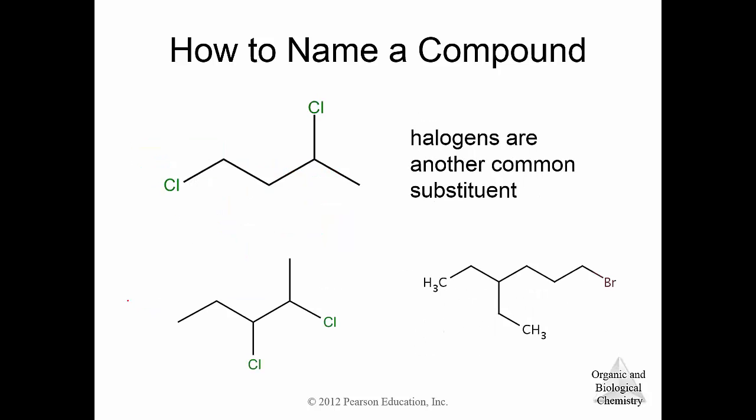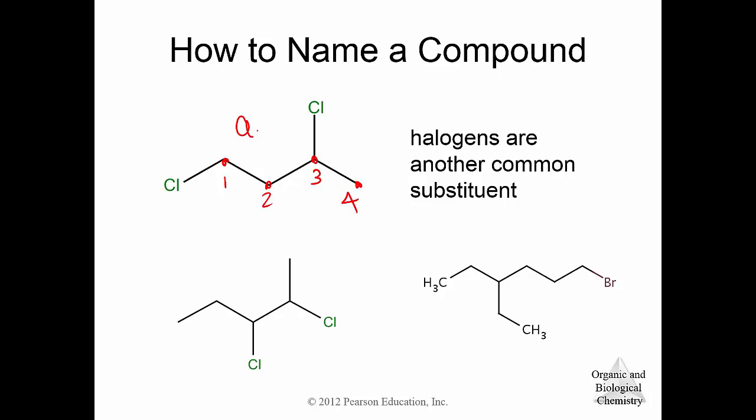So halogens are another common substituent. Let's look at some more examples with this. We're looking at skeleton formulas here. This one on the upper left, I've got 1, 2, 3, 4 carbons in my chain. I'm going to start numbering from the left because that's the side closest to my chlorine. 1, 2, 3, 4.